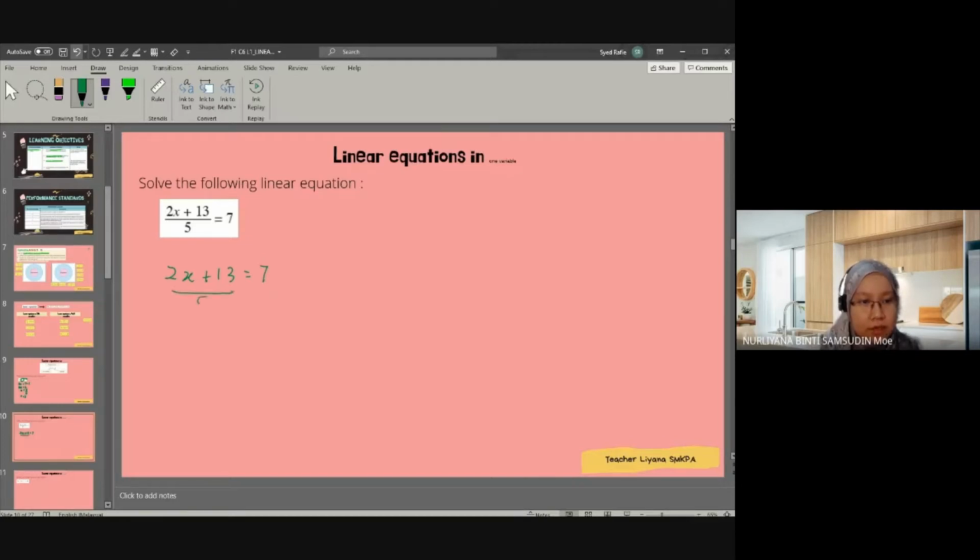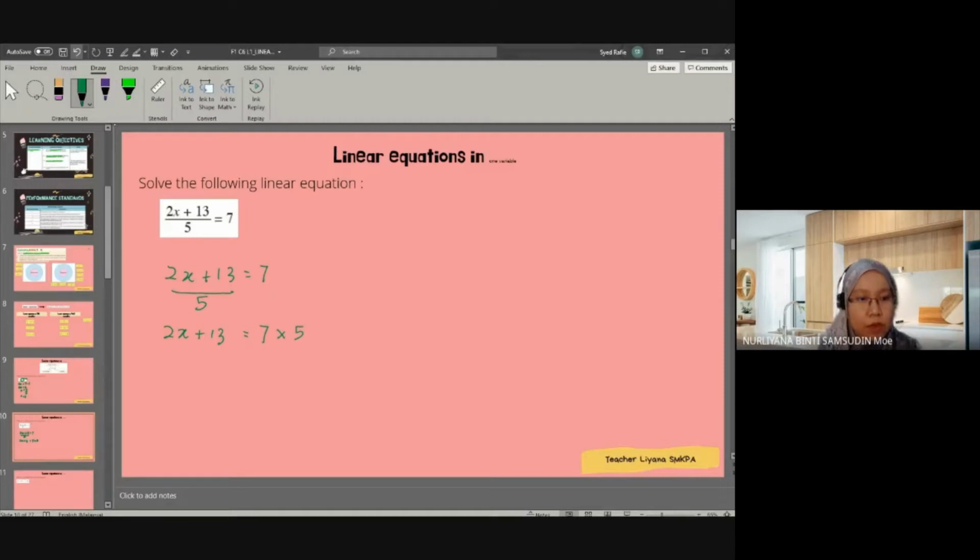Here is divide by 5, right? So, we need to make sure the whole thing when divide by 5, this divide by 5 moves to the next side. If the 5 now is divide, you move it to the other side, it becomes multiply, times by 5.